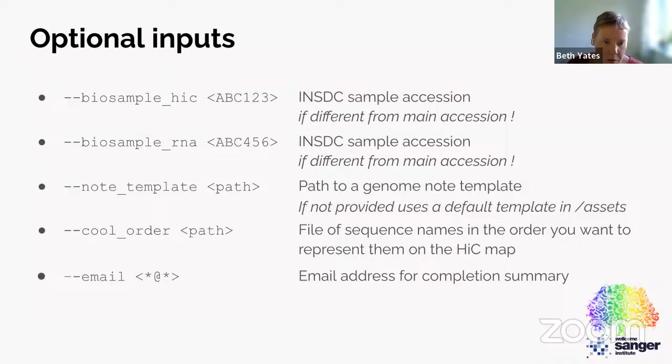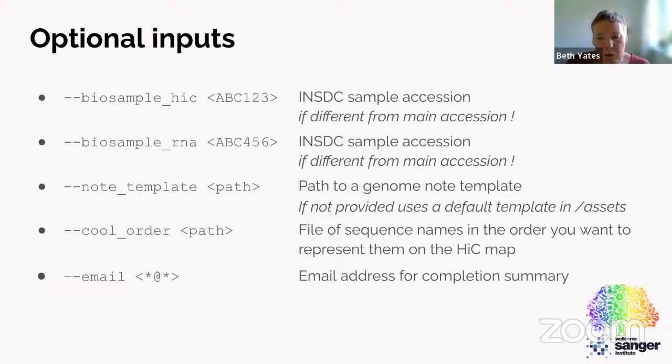Then you create a template, which is essentially a document with most of the note content, but with placeholders for the bits of text that vary from assembly to assembly. Things like the assembly name, the assembly accessions and the biosample accessions would all be placeholders within the template.